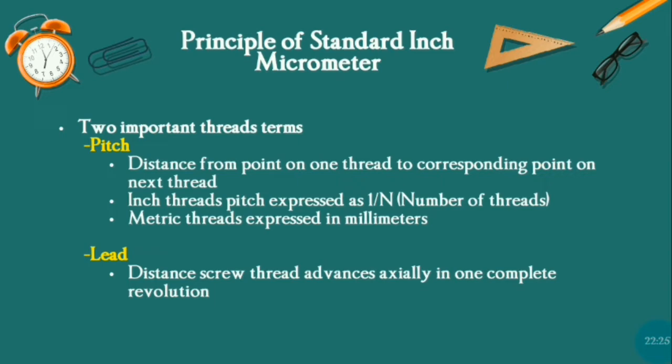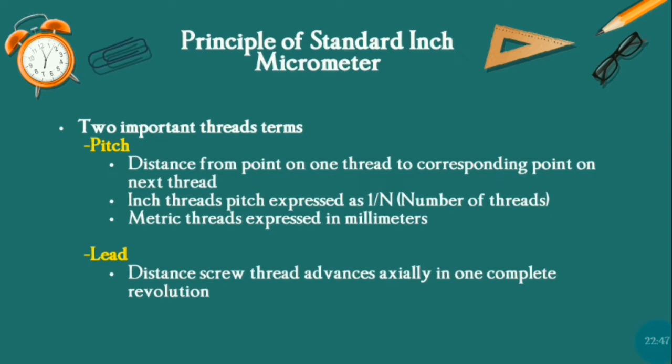So there are two important terms in the principle of the standard inch micrometer. Pitch is the distance from a point on one thread to a corresponding point on the next thread. Inch thread pitch is expressed as 1/n, where n is the number of threads, and metric thread pitch is expressed in millimeters.